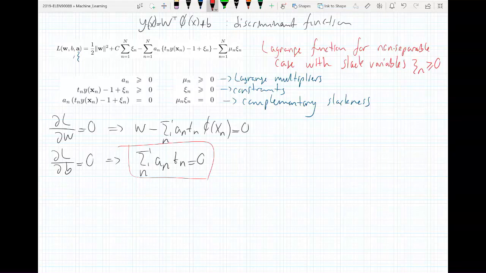And then the last one, different from previously, is the derivative with respect to psi n, for each of them. When I take that derivative, the w's cancel out.